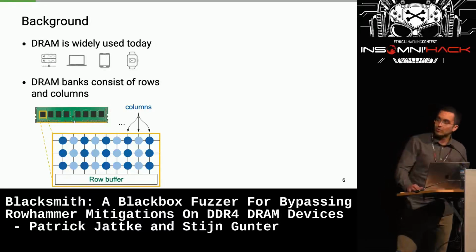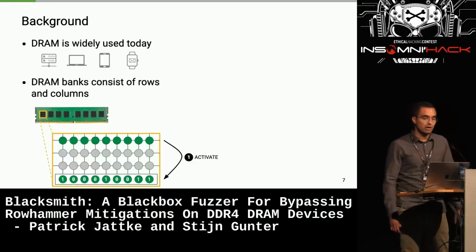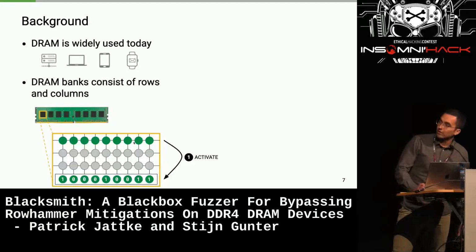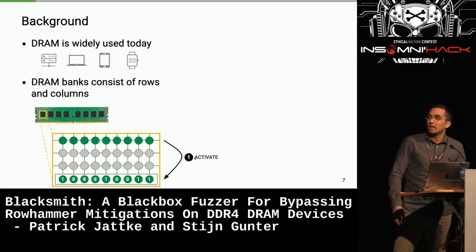For that, let me show you how a write operation works on a DRAM device. Reading and writing always happens row-wise. So for example, if you want to read the row at the top, the green one here, we would first send a DRAM activate command. Then this row gets loaded into the row buffer. This usually happens transparently: in the CPU, there's a memory controller that translates your access requests in a program into these DRAM commands.